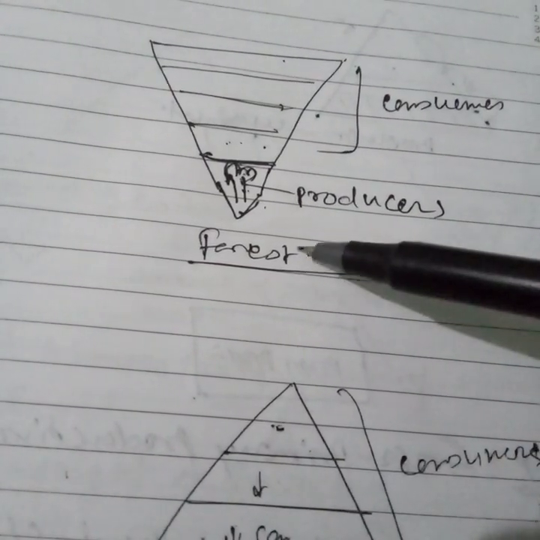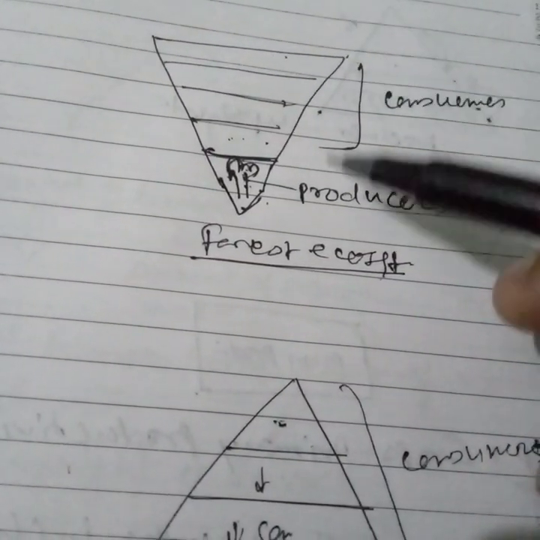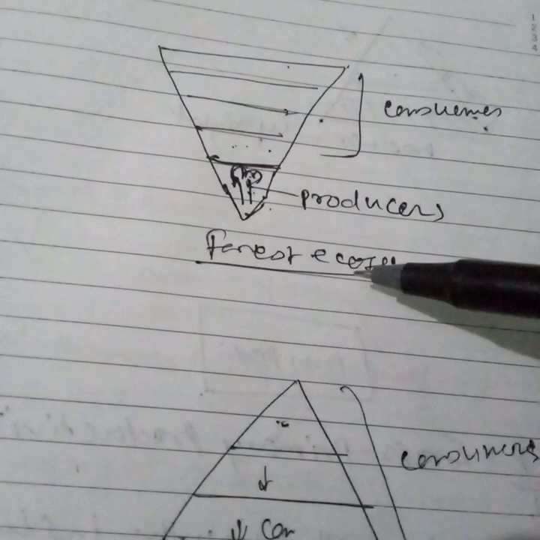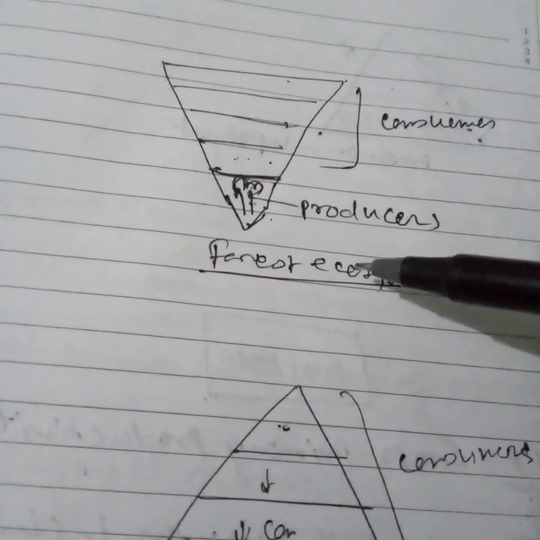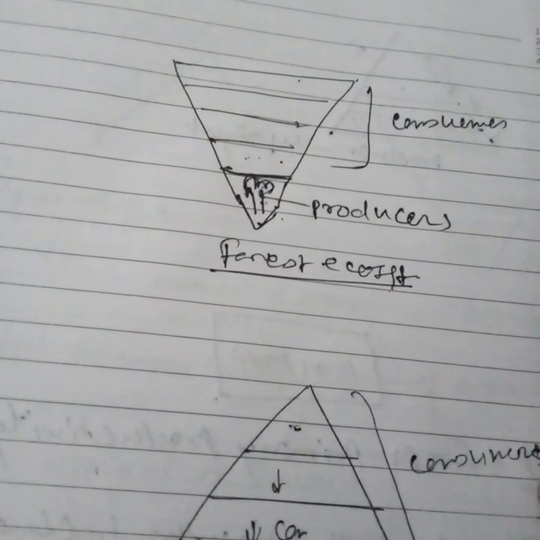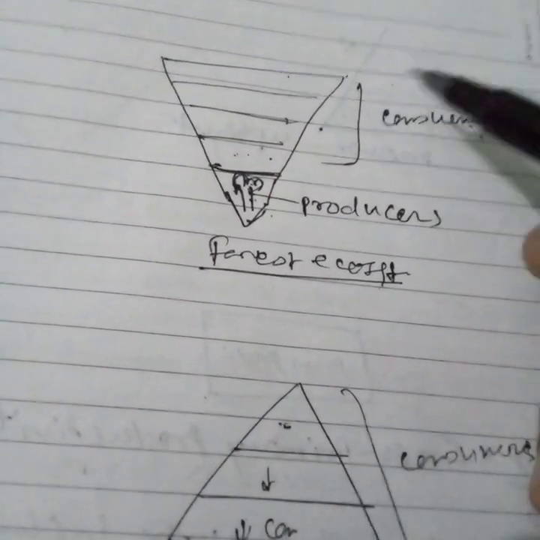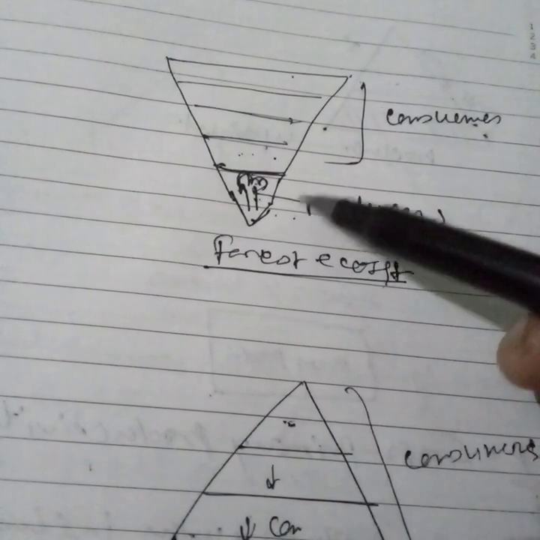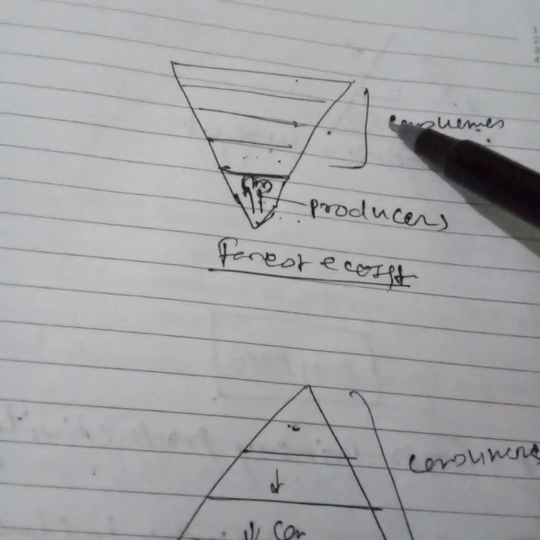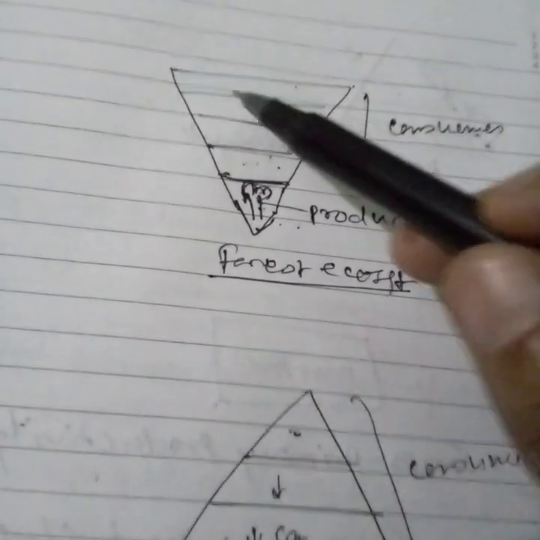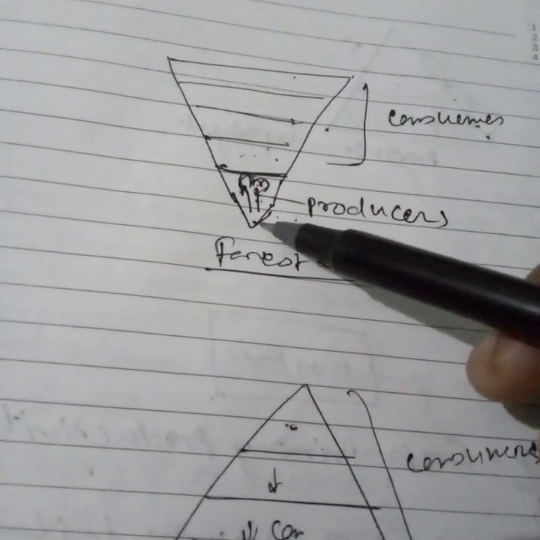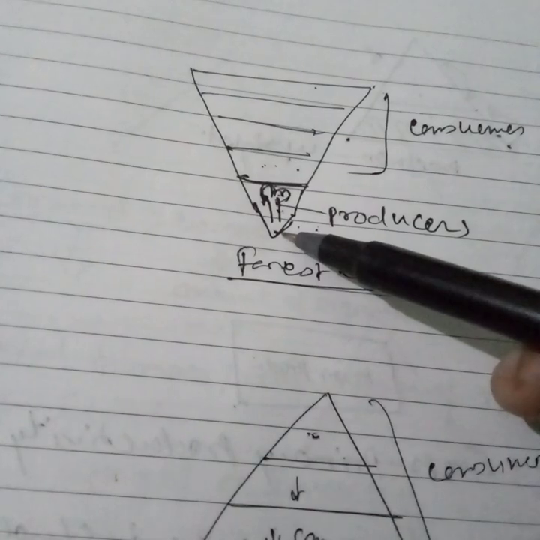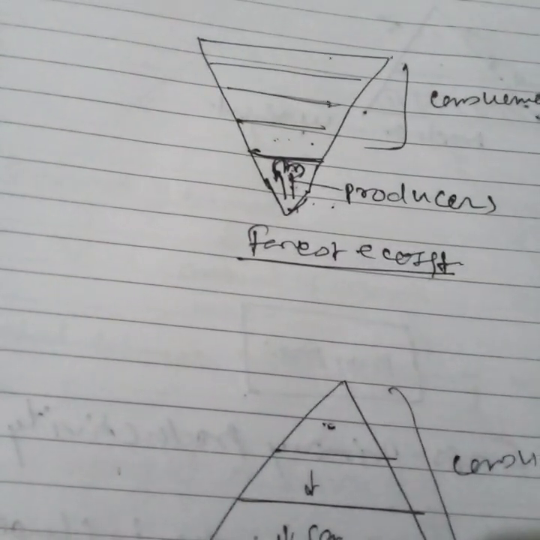That's why the shape of the pyramid of numbers in the forest ecosystem, where only some trees are present, so there will be fewer producers as compared to the number of consumers, attains an inverted pyramid of numbers. Clear?